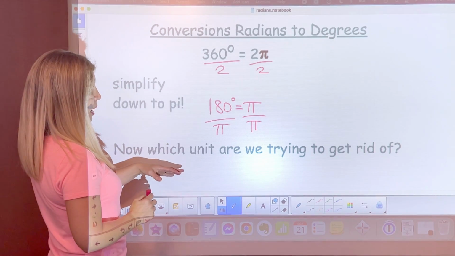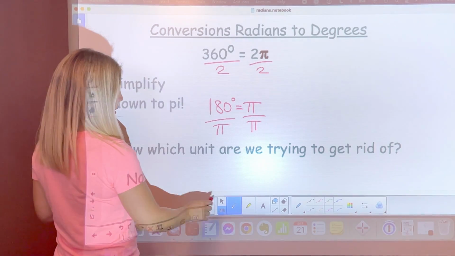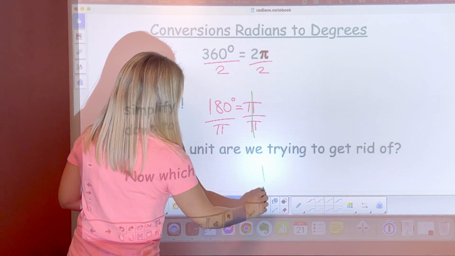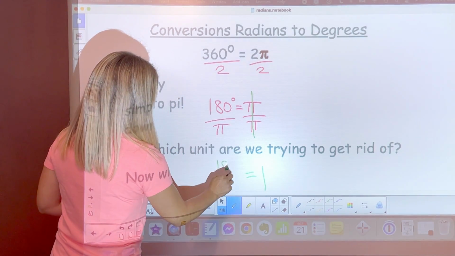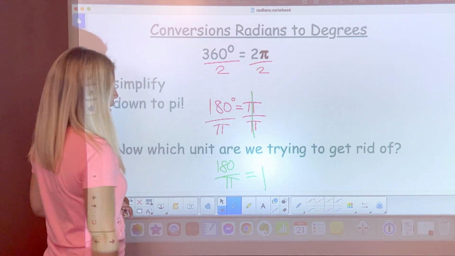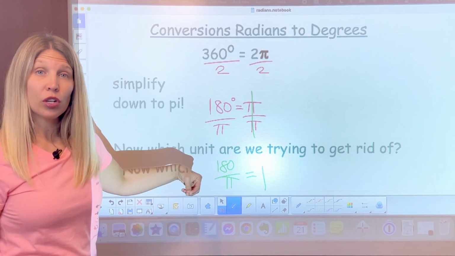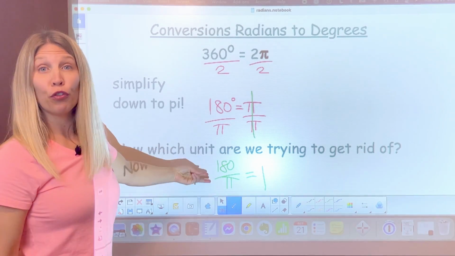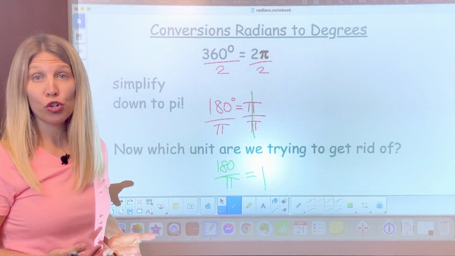When I do that, because we're trying to get rid of the radians, the pi becomes 1, and this becomes 180 over pi. So notice that this conversion, when we're going from radians to degrees, is flipped because of the unit we're trying to get rid of.